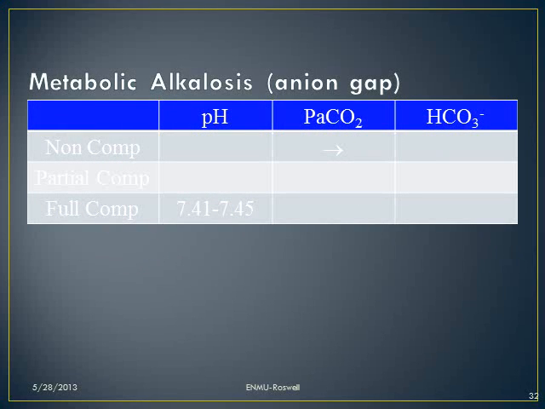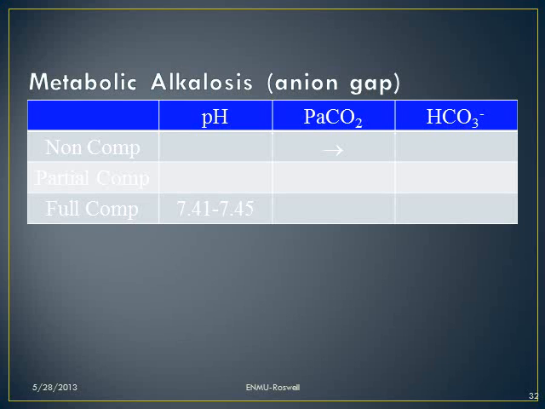So here we can see in metabolic alkalosis, okay, non-compensated, pH is going to be what? High. High, because it's alkalosis. CO2 is going to be unchanged or normal because it is metabolic. Our bicarb, however, should be high because it's metabolic alkalosis. In partially compensated, pH is going to be high.